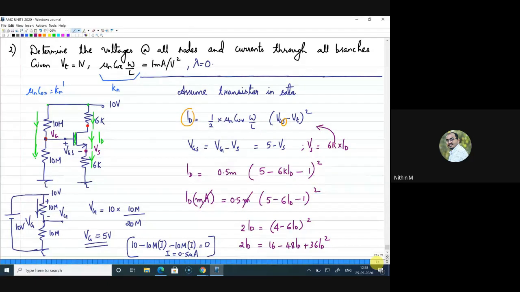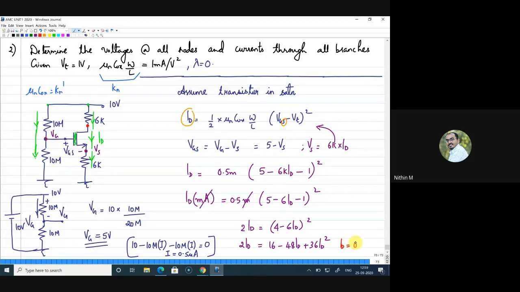So this will give you two values for ID. I will just write the ID values here. You will get two values. What are the two values? Yeah, whatever answers are coming up, Madhusudan, Ishrat, Naman, yes, those answers are correct.